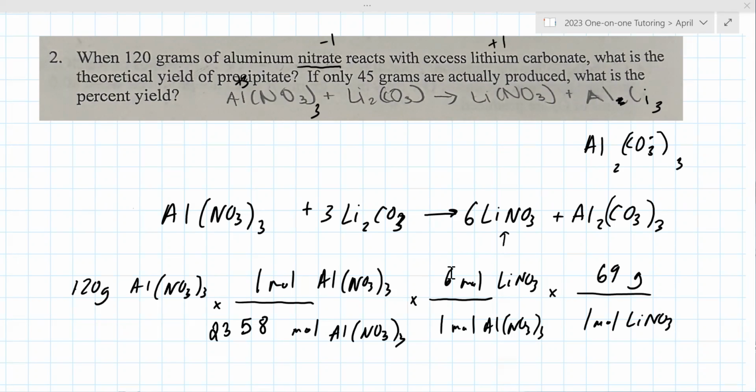So if we put a 1 here instead, and we get rid of those for the moment, we change this number to Al2CO33, which is 234.9 grams, the theoretical yield of the precipitate. So neither of those look correct.